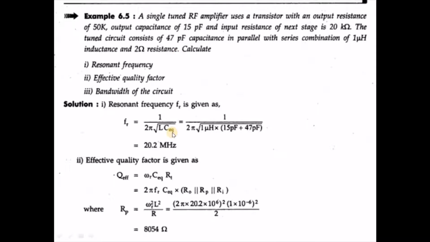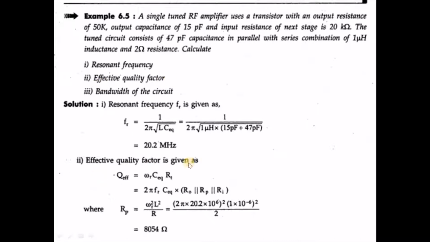So C equivalent is a combination of 15 picofarads and 47 picofarads. If you substitute the values of L and C equivalent in the above equation, we will get the resonant frequency as 20.2 megahertz.